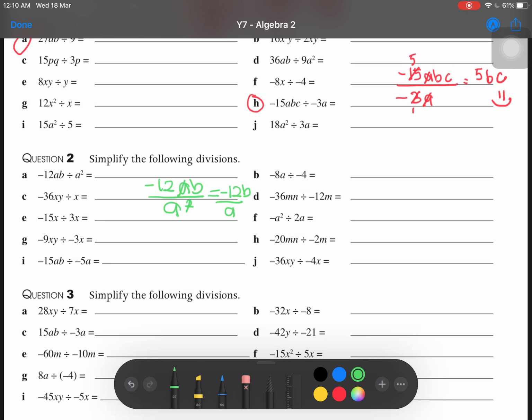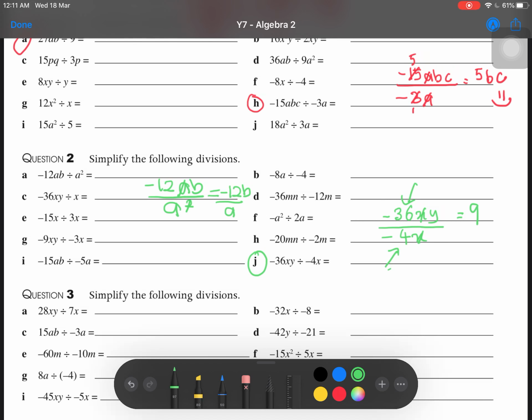Let's look at another question. Let's look at question J. Okay, as usual, division, we write it as fraction, negative 36xy over negative 4x. So negative 36 divided by negative 4, that's positive 9. x1 can be cancelled top and bottom.